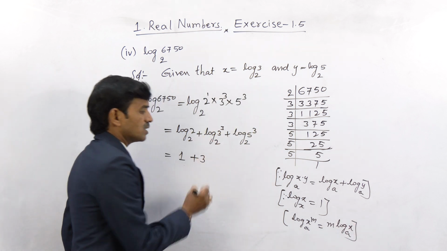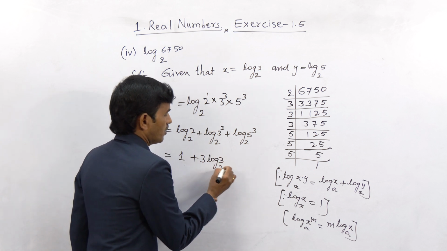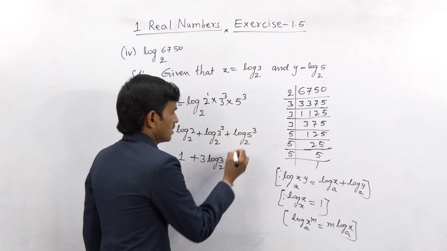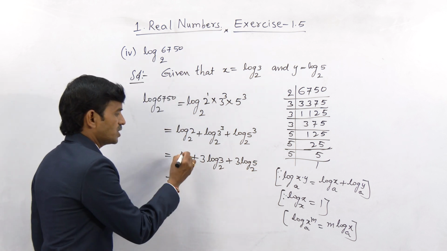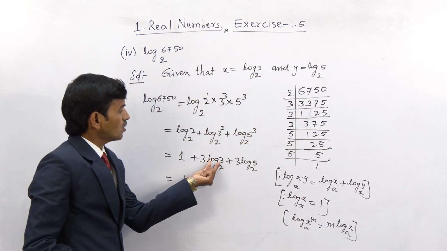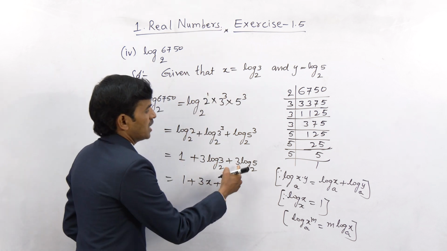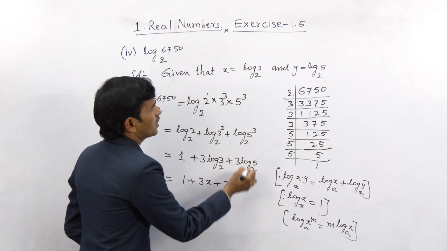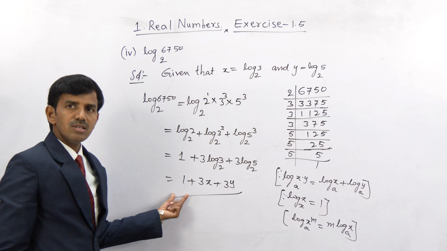So 3 comes as a product: 3 into log 3 to the base 2 plus 3 log 5 to the base 2, which is equal to 1 plus 3x, since log 3 to the base 2 is x, plus 3 into log 5 to the base 2, whose value is y. So which is the required solution?